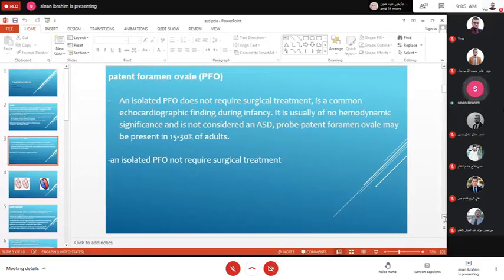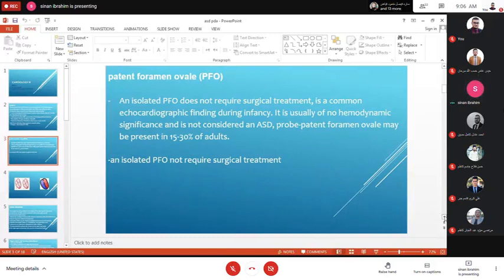لذلك الأهل دائما يجونا مرات دكتور عنده فتحة، فنطمنهم إنه الباتنت foramen ovale present أو موجود بتقريبا ربع البوبوليشن، يعني 25% of the adult population ممكن يكون عندهم patent foramen ovale, and it is usually not requiring any surgical treatment. ممكن مرات يصير عندهم complication، ممكن يصير عندهم shunt.